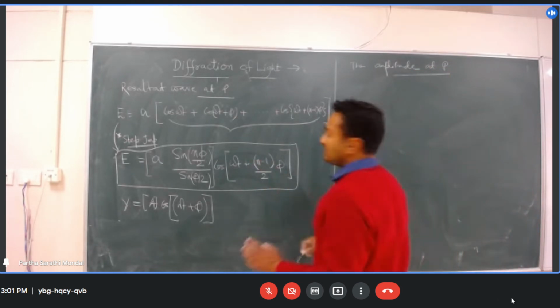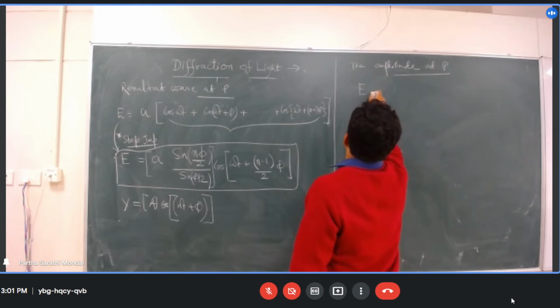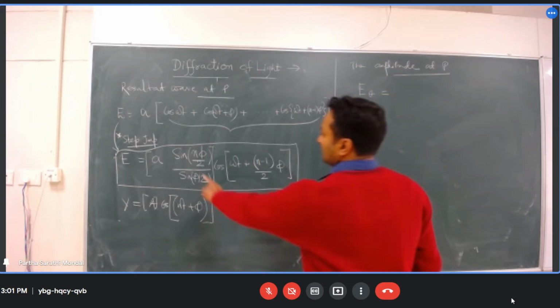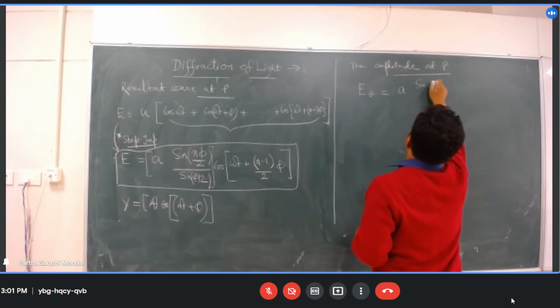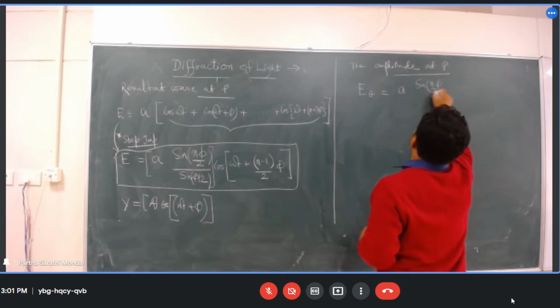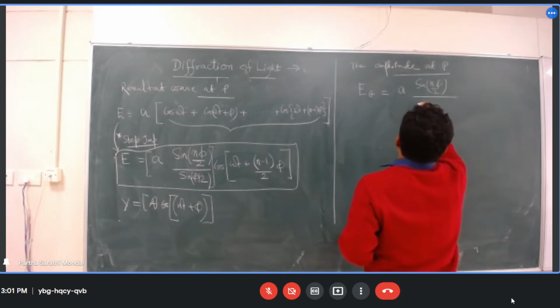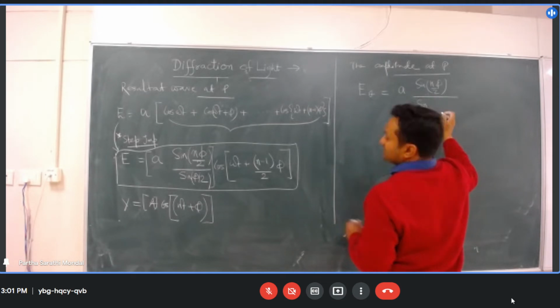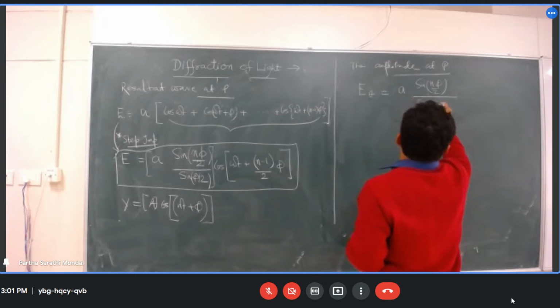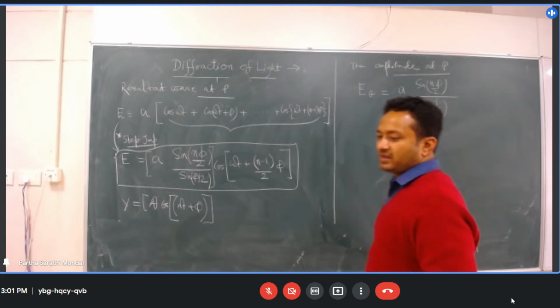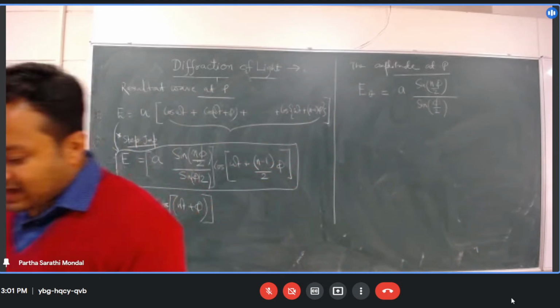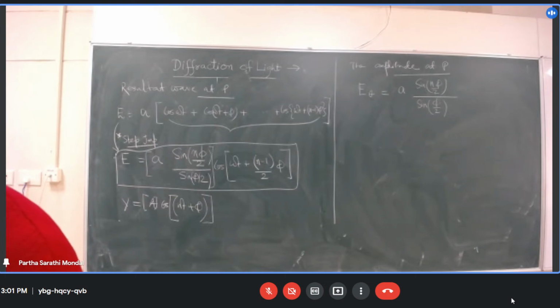So let's say it is E theta, which is A sin(nφ/2) divided by sin(φ/2). Okay, so this is the resultant amplitude of the light wave at P.